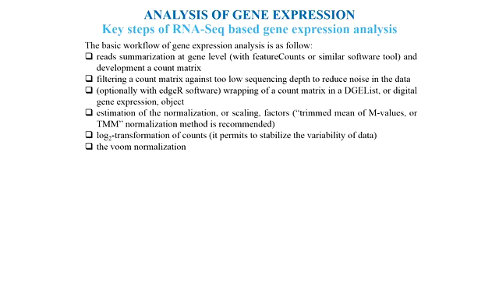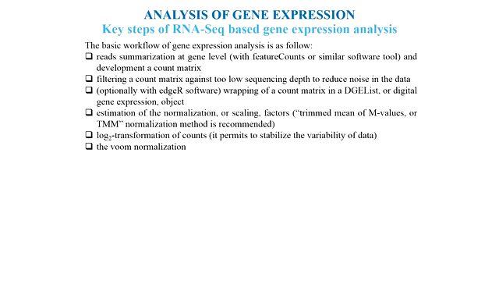The first step is summarization of aligned reads at gene level and development of a count matrix. This step can be extended by filtering a count matrix against low sequencing depths to reduce noise in the data. The second step is estimation of the normalization or scaling factors to normalize RNA-seq libraries of different size, for example, with different total number of reads.